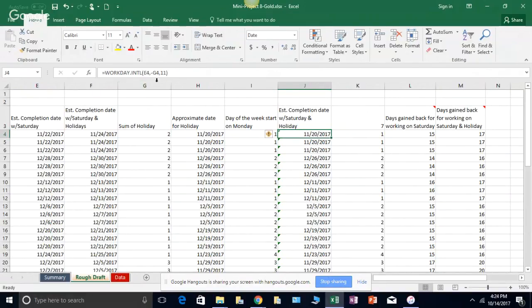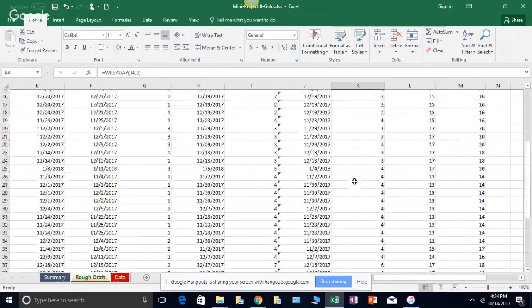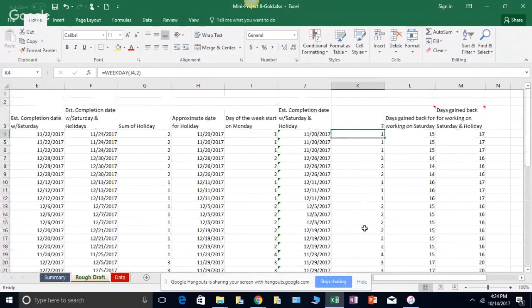And I did a negative because that will take it back. Then I made sure that all my days were correct, that there was no day that fell on a Sunday. So this was just a proof on doing this one.